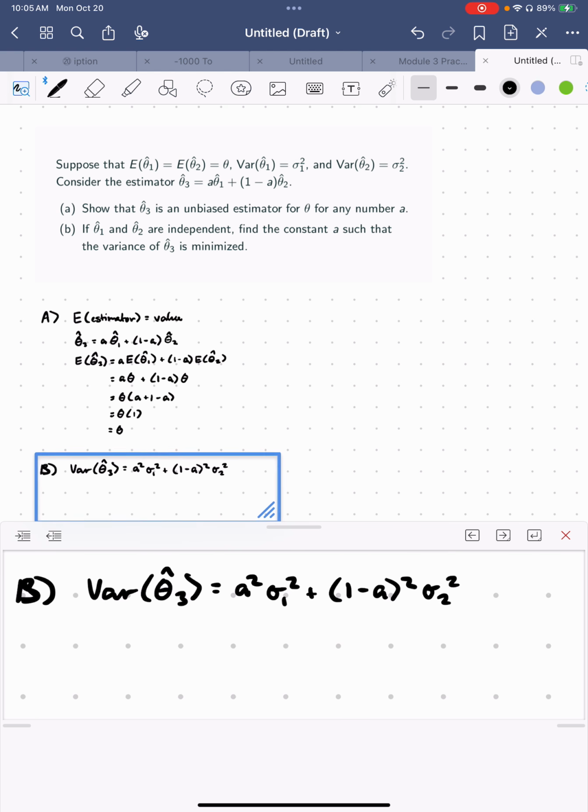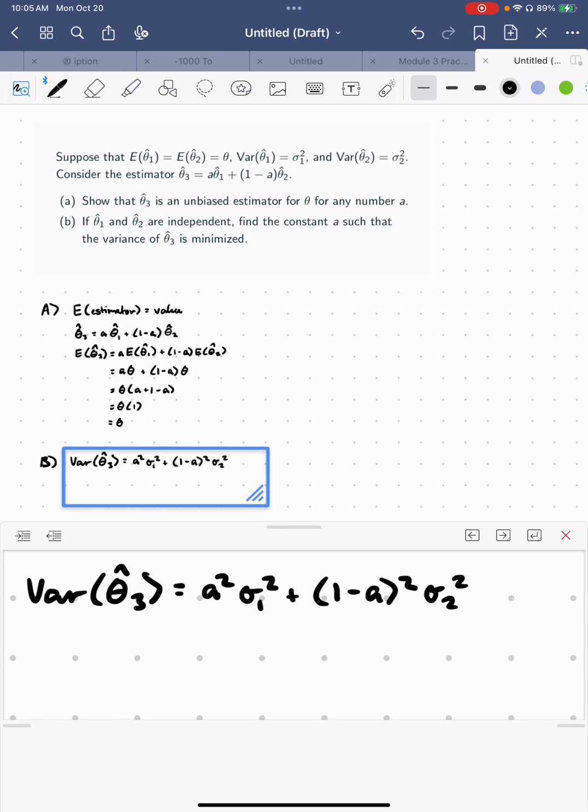So we've solved that, and now we can solve for A.